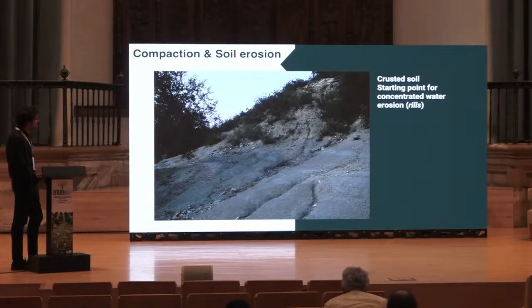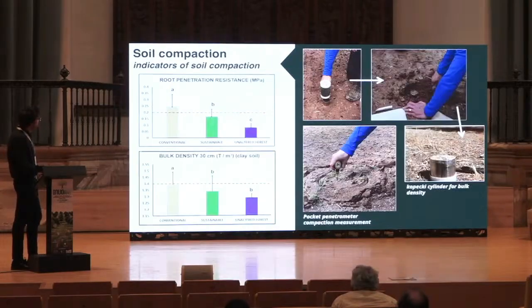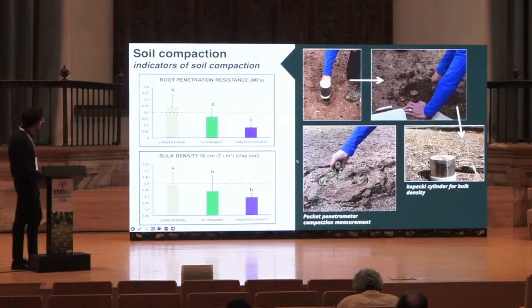In this case, rills, but the rills downslope can transform into gullies. We measure the two basic indicators, as the soil monitoring law says, to estimate soil compaction. That is the bulk density, but also the resistance to penetration by means of a pocket penetrometer.